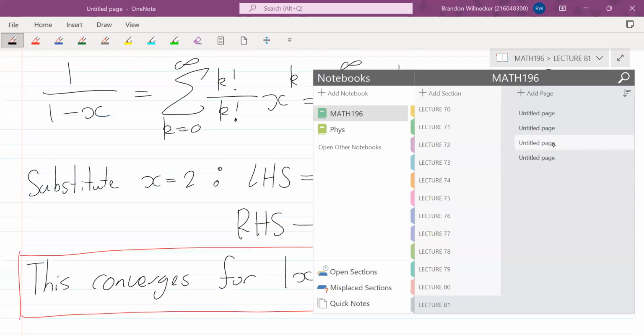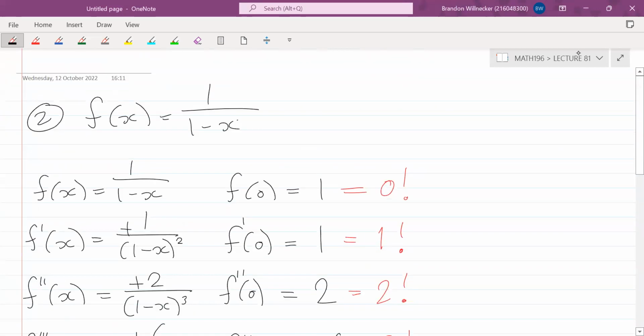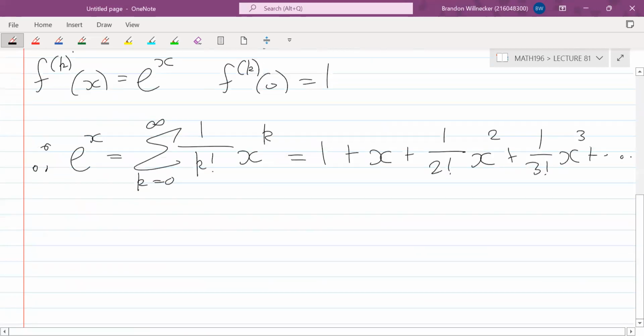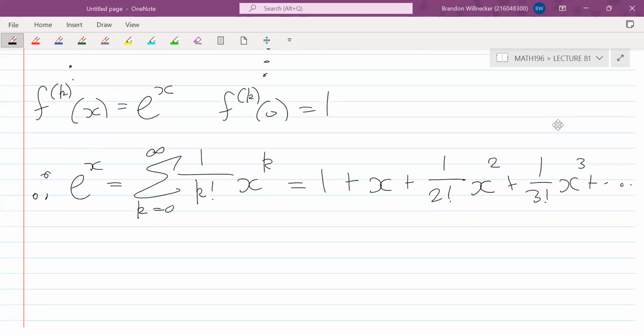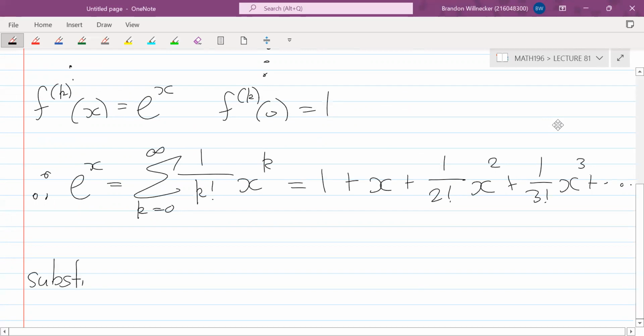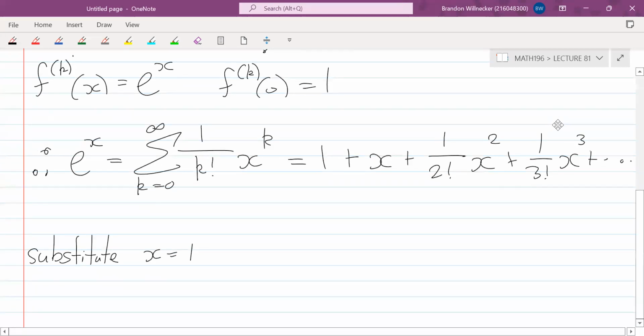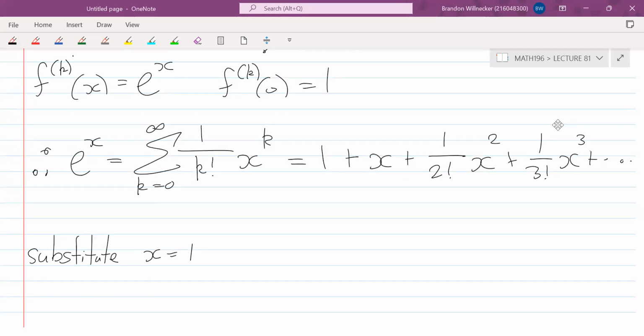So if we look back at example 1, what do I mean? Here we know that the right-hand side converges to the left-hand side for any value of x. So in fact, if we substitute x equals 1, then the left-hand side becomes e.